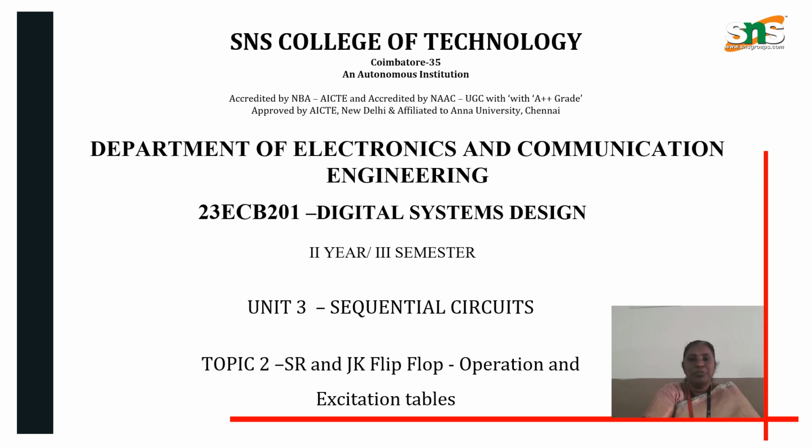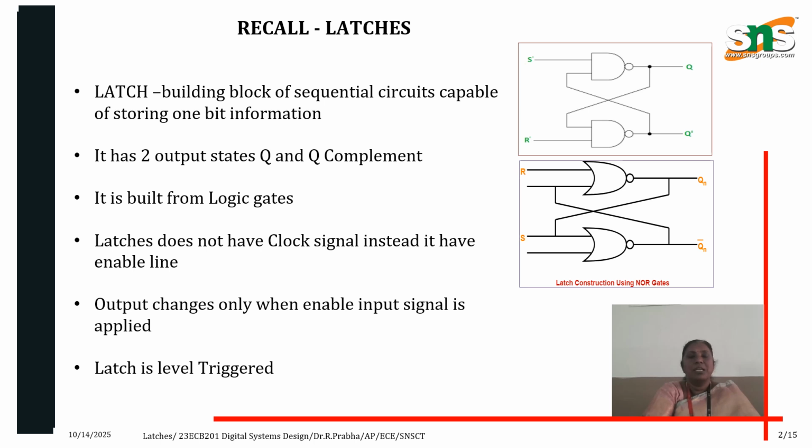In this video, we are going to see the topic on SR, JK flip-flop, operation and excitation tables for the course Digital System Design. So now let us recall the previous topic, latches. Latch is a basic building block of a sequential circuit, and it is a memory element. It is a bistable device having two inputs and two outputs.